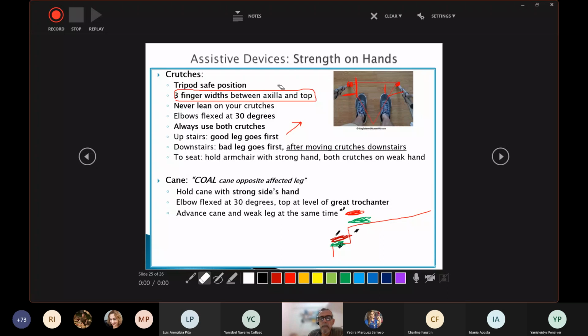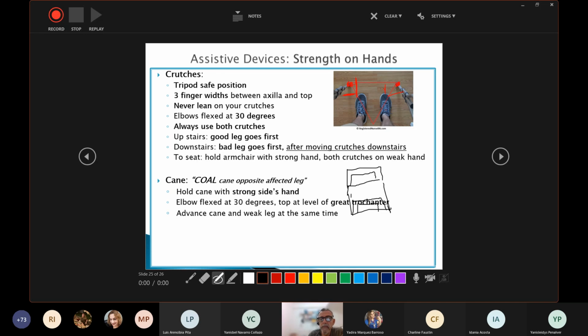When you are using crutches and you want to sit in a chair, it must be a chair that has arms, an armchair.